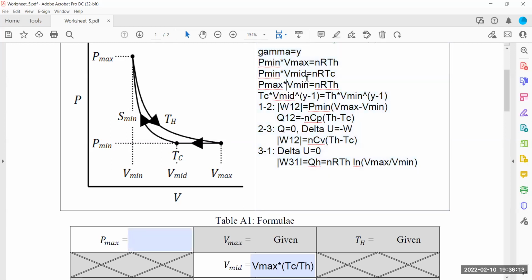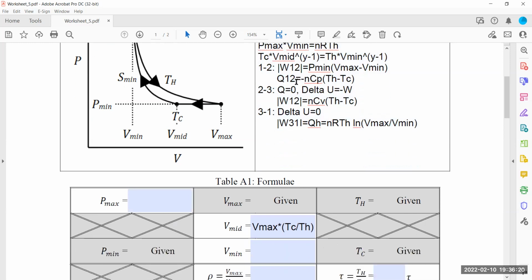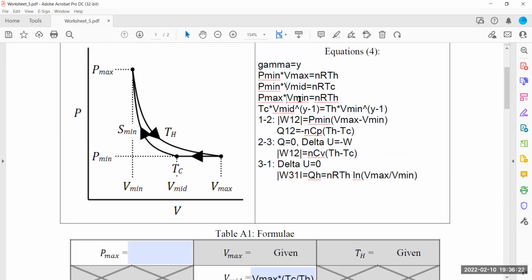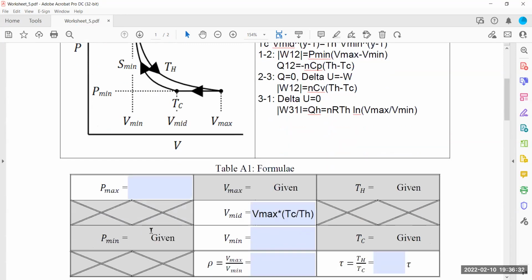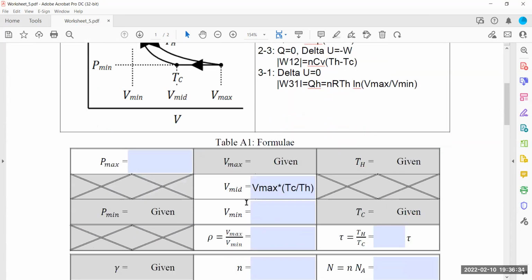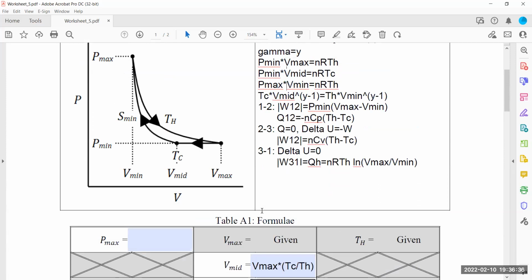Times in here, I forgot the times, okay? So we need to find P max. Okay. We have V min, we have V max. If we take this equation and divide it by this equation, the volume V min over V max, those are two given. V min, no, we didn't, I'm sorry. What am I saying? V min is not given.